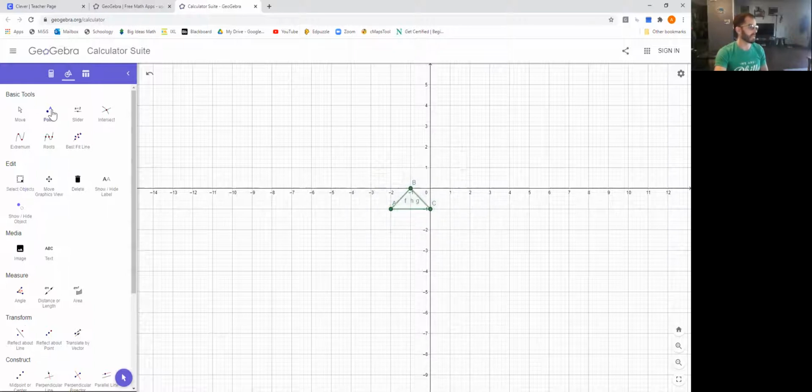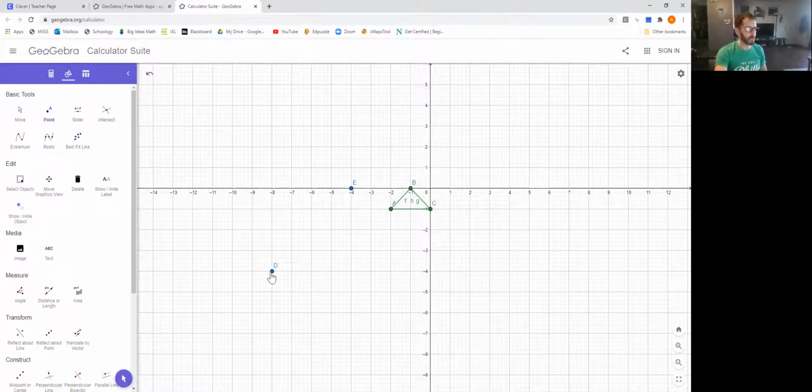The scale factor is 4, which means we're just going to take every coordinate and multiply by 4. So -2, -1 becomes -8, -4. Notice I clicked point again. -1, 0 becomes -4, 0.